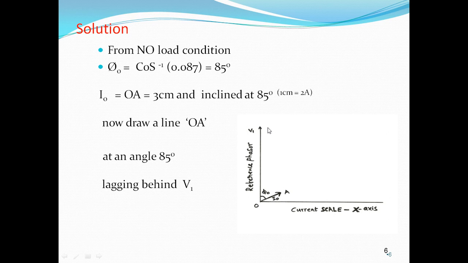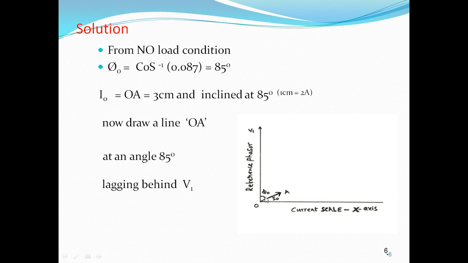Take a graph sheet and draw the vertical axis and horizontal axis, OX and OY. OY is the voltage vector. I naught is OA, 6 by 2, that is 3 centimeters at an angle of 85 degrees. So draw OA, 3 centimeters at 85 degrees.